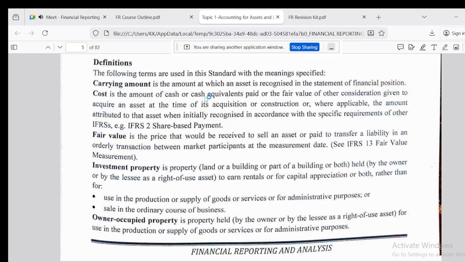Owner occupied property refers to the property held for use in the production or supply of goods or services or for administrative purposes.